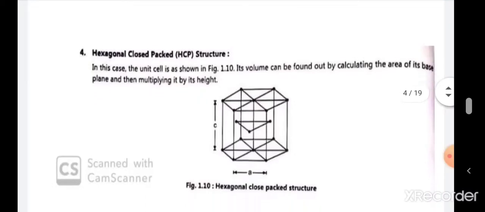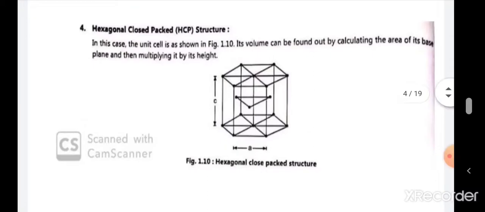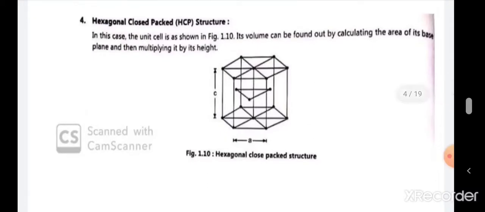Now let's go for atomic packing efficiency of hexagonal close pack structure. As we already learned, the total number of atoms in hexagonal close pack structure will be 6.